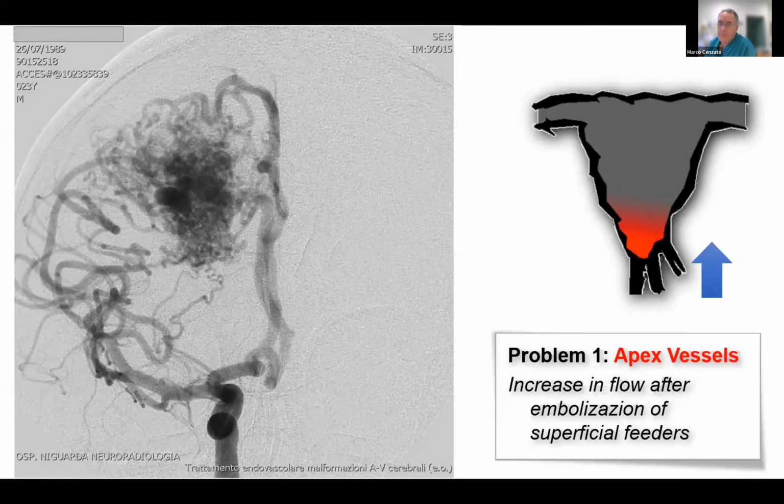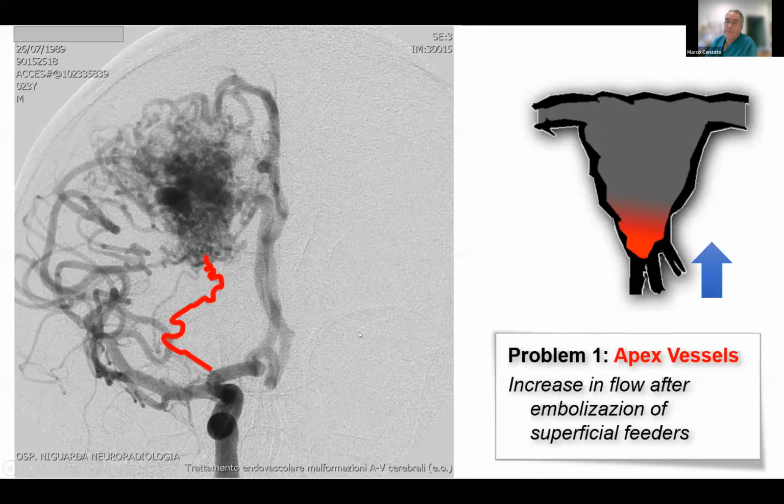Moreover, embolization with Onyx is often done through big vessels that come from the surface, which can be controlled by surgery, and in many cases leaves these deep white matter vessels untouched, and so these vessels increase in size after embolization.